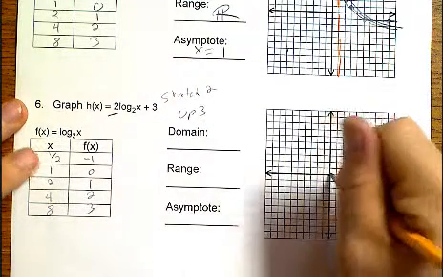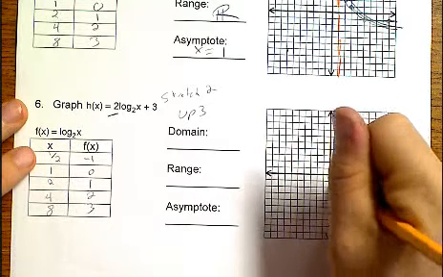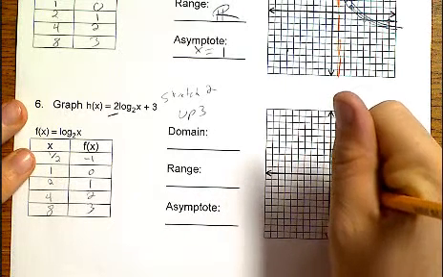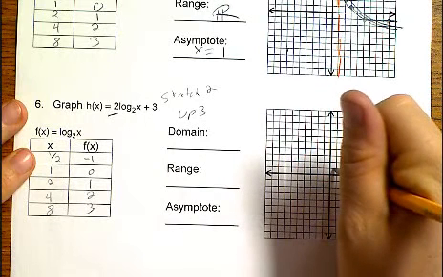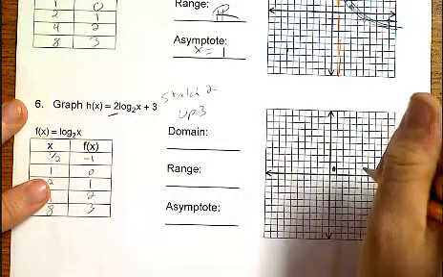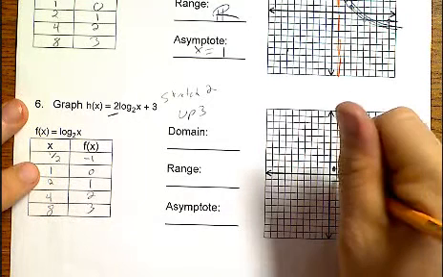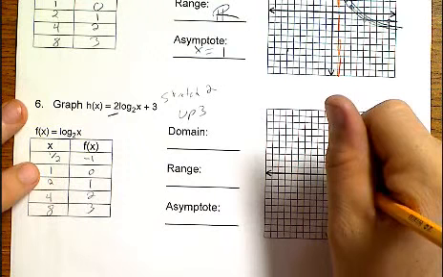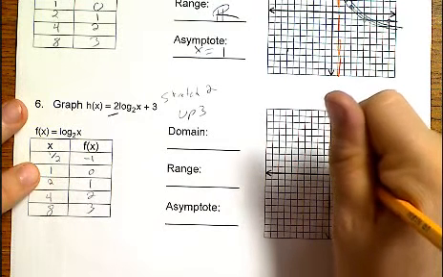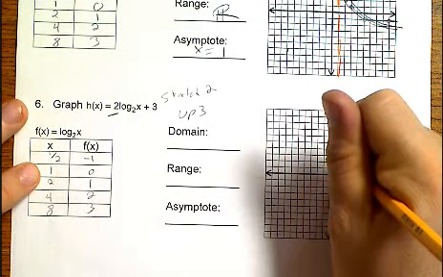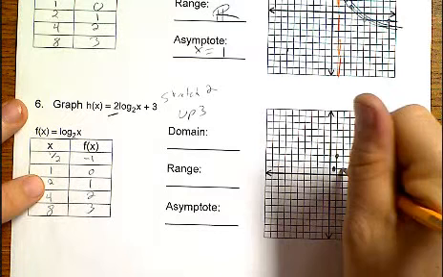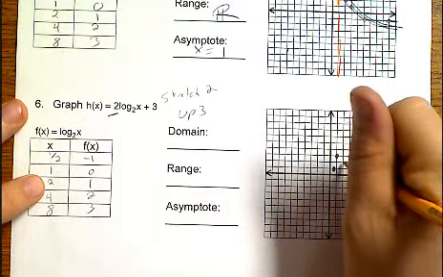So 1 half, negative 1 times 2 makes it negative 2, up 3. 1, 2, 3. 1, 0 times 2 is still 0, up 3. Our 2, 1 times 2 makes it 2, up 3.